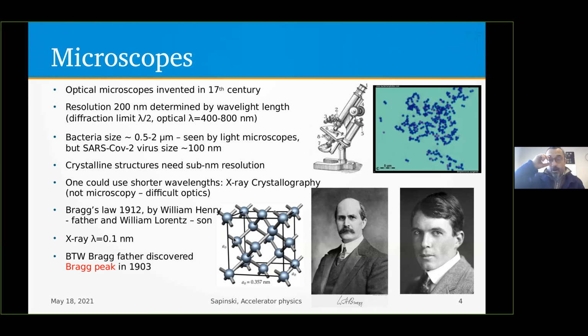This X-ray crystallography was invented by two Braggs, father and son, in 1912. And what is interesting is that the father is the same person who first discovered the Bragg peak. It's called Bragg because of this guy. This Bragg peak was discovered in 1903. We heard about Bragg peak a lot yesterday. We will hear even more during this week.